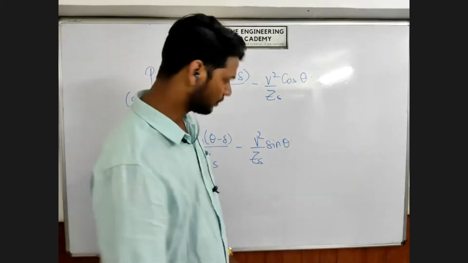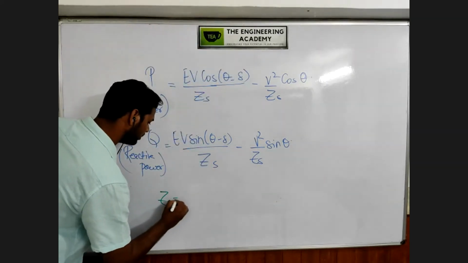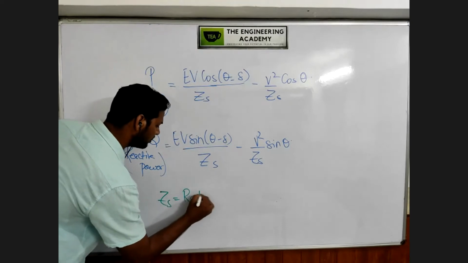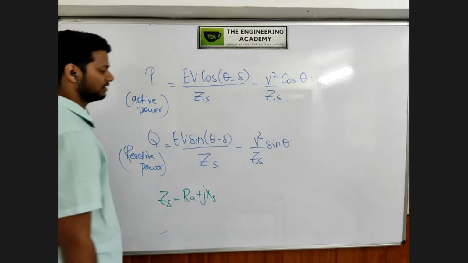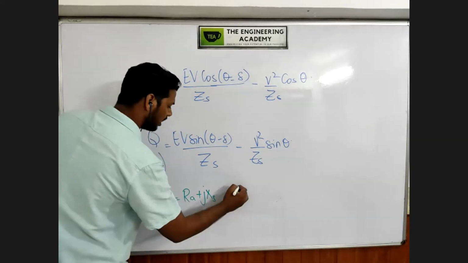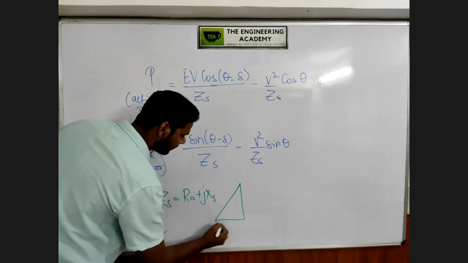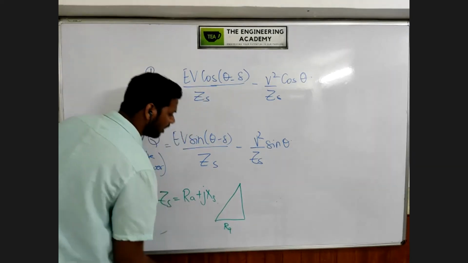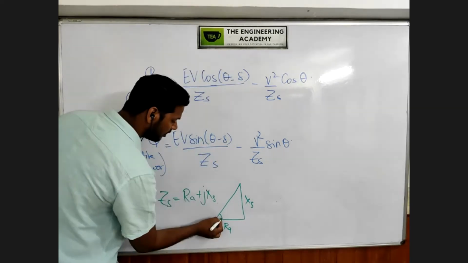Here ZS is equal to RA plus jXS. I hope everyone knows the impedance triangle.